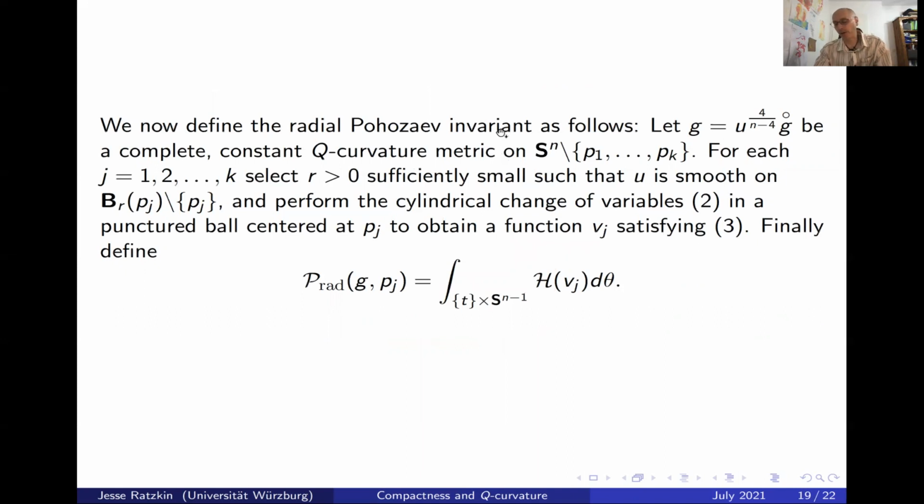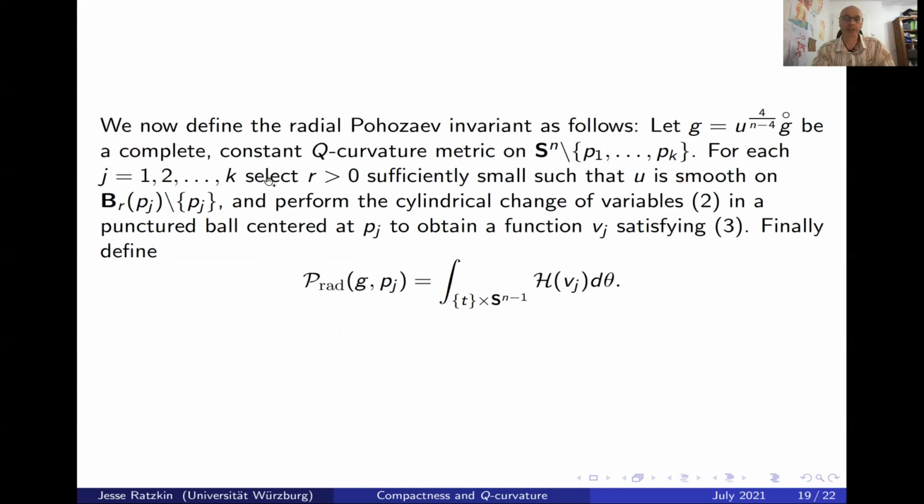Okay, so now we're able to say what the radial Pohozaev invariant of a metric at a puncture point is. I start with my metric g, which is conformally flat, so g is equal to u to the power 4/(n-4) times the round metric. This is a complete constant scalar curvature metric on the sphere minus these punctures p_1 through p_k.